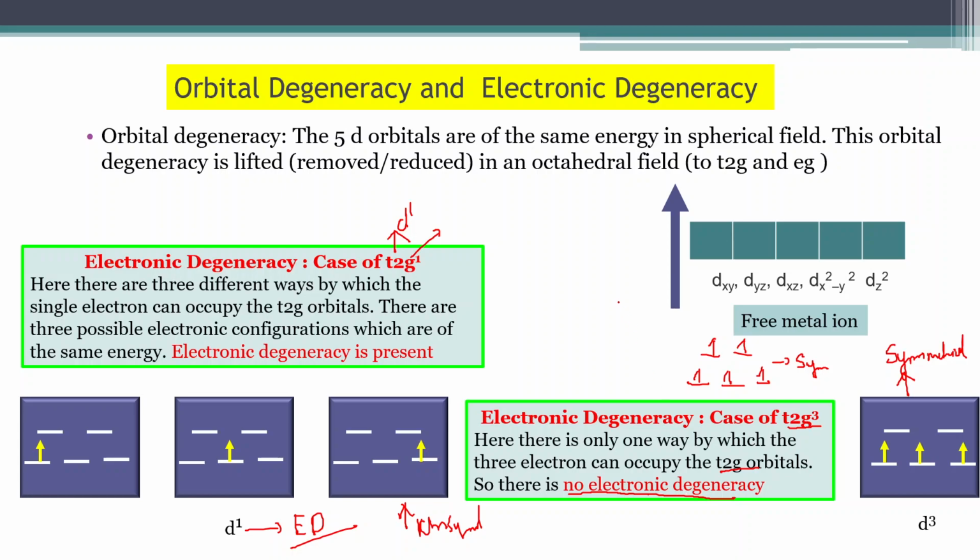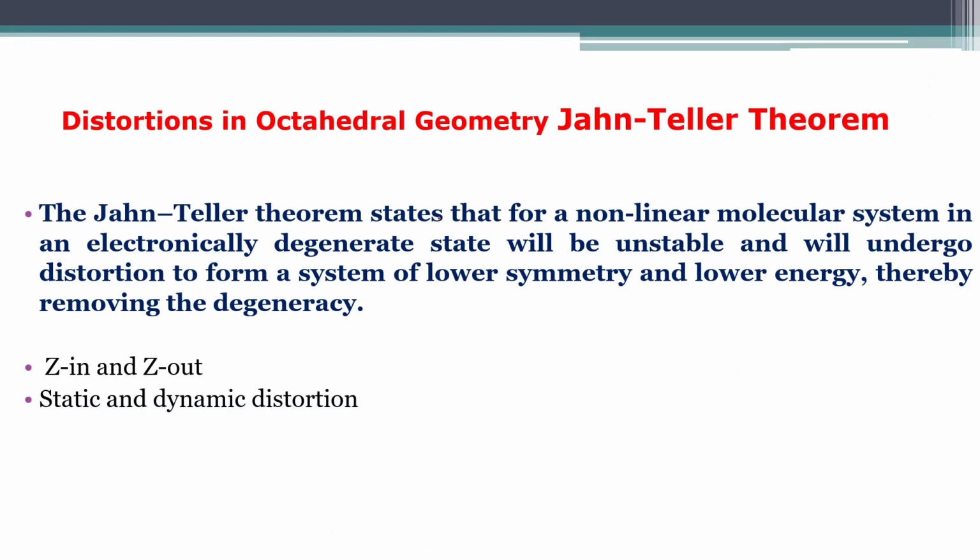So when we combine both the nonlinear systems and electronic degeneracy, as in the case of t2g1, these systems are unstable and they will undergo some kind of change. That is the original statement: the Jahn-Teller theorem states that a nonlinear molecular system in an electronically degenerate state will be unstable.